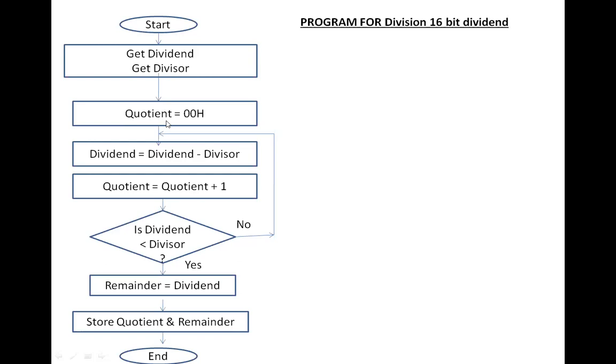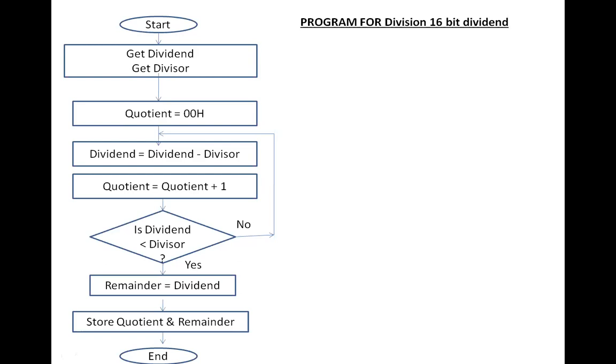The quotient has to be initialized because in the very beginning it will be 0. The number of times the divisor is going to divide the dividend is called the quotient.